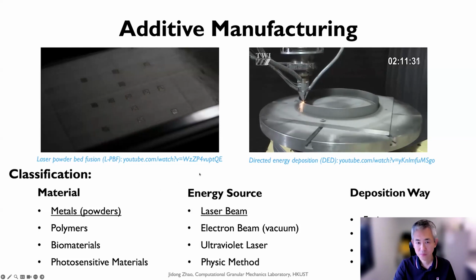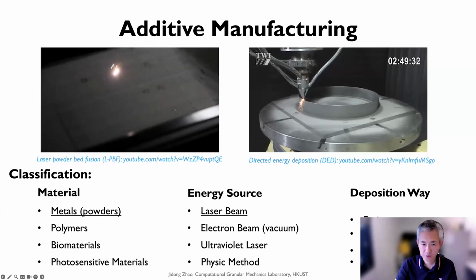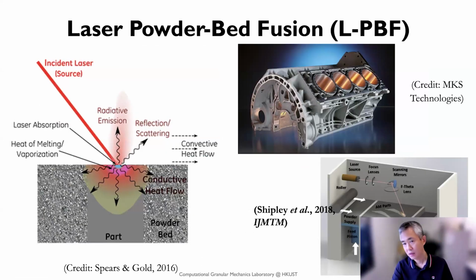Right, so that is additive manufacturing, and typically laser powder bed fusion works like this. Laser powder bed fusion technology has become quite popular for advanced manufacturing, because we want to build high-strength and expensive parts like rocket engines and airplane engines, and L-PBF is a quite popular way to do that.